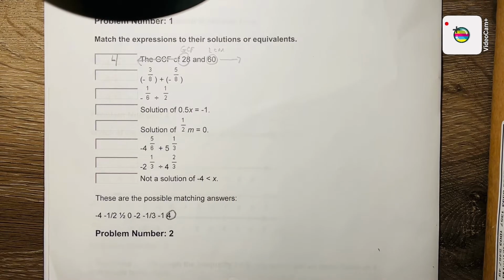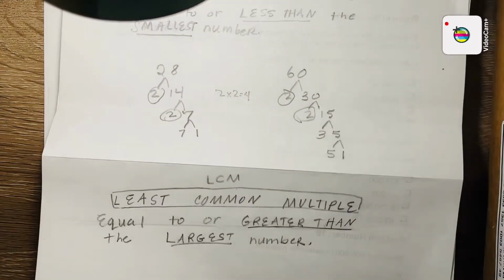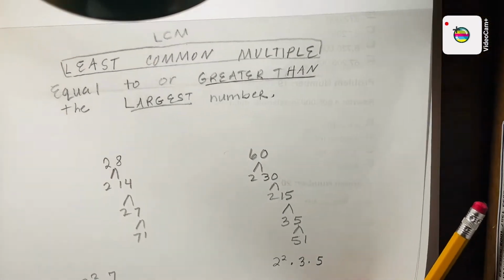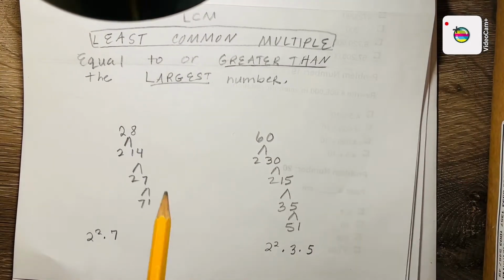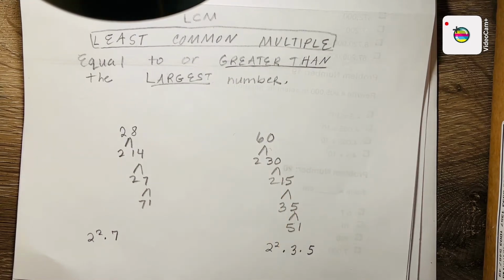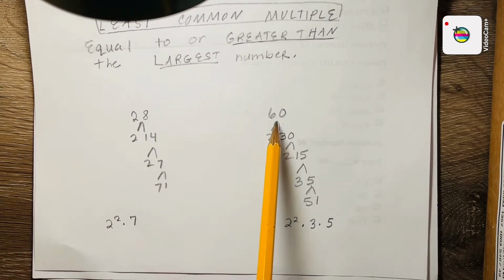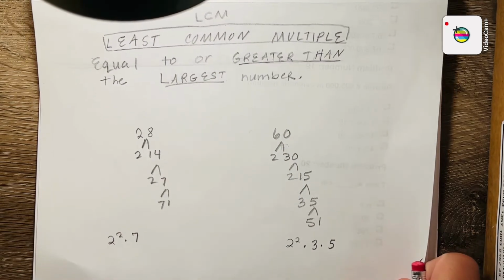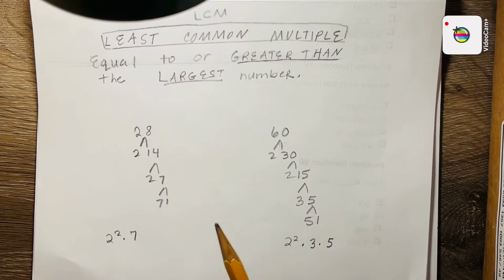While we're on the subject, let's go ahead and find the least common multiple for 28 and 60. Remember that least common multiple is going to be equal to or greater than the largest number. You also need factor trees to find the LCM. Now, what you do after you make the factor tree is a little different.